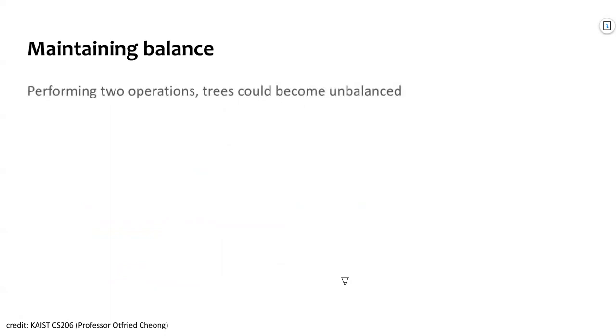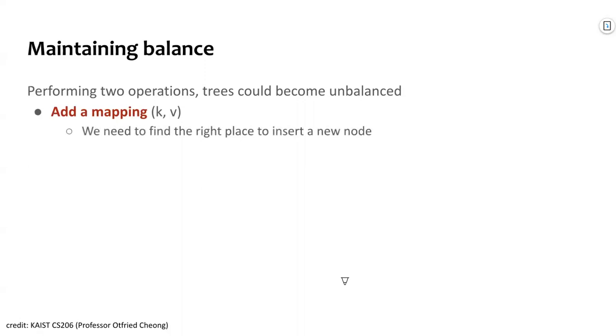As I told you, performing two operations, trees could become unbalanced or imbalanced. As I told you, we add a new mapping. We need to find the right place to insert a new node. Then we reach an empty subtree.